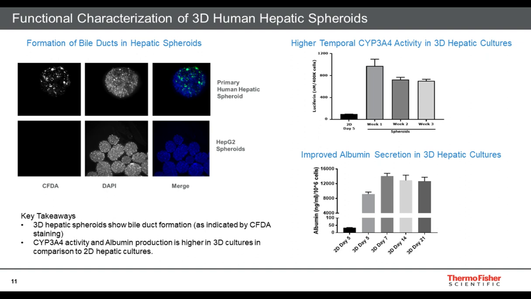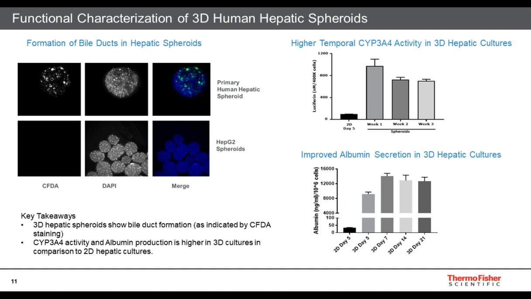I would note, and I think this is a somewhat important point, that we're looking at a per cell or per fixed number of cells at this point. So the spheroids, while they have a relatively small number of cells, are very active. So again, the activity is very high.